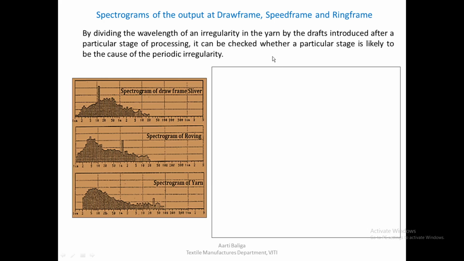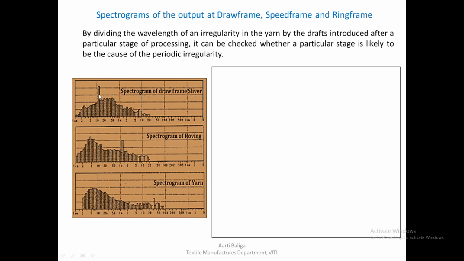So with this background in mind, let us look at this particular graph here, which shows a spectrogram for draw frame, spectrogram for roving, as well as spectrogram for yarn. These are three spectrograms shown for the same faulty material, which has probably had its origin somewhere in the drafting system of a draw frame, and which comes out as a delivery sliver from the draw frame, which is fed to the speed frame.